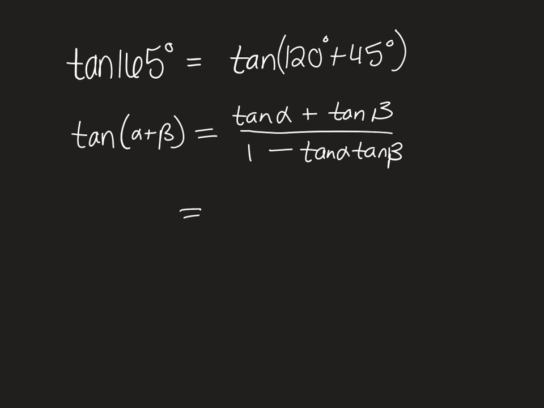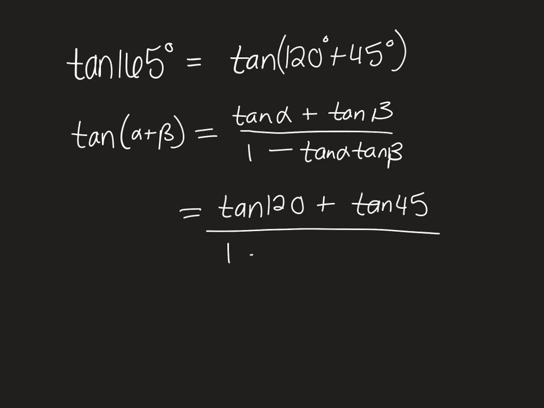So then this would be tangent of 120 plus the tangent of 45 over 1 minus tangent 120 times tangent 45.